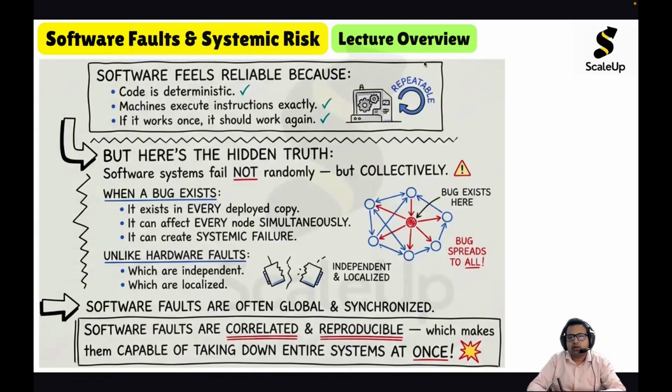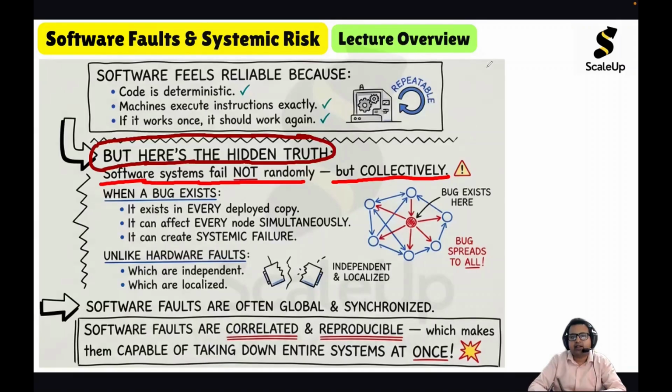But we have a hidden truth about software systems. Software systems don't fail randomly, but collectively. When a bug exists in a software system, it exists in every deployed copy.